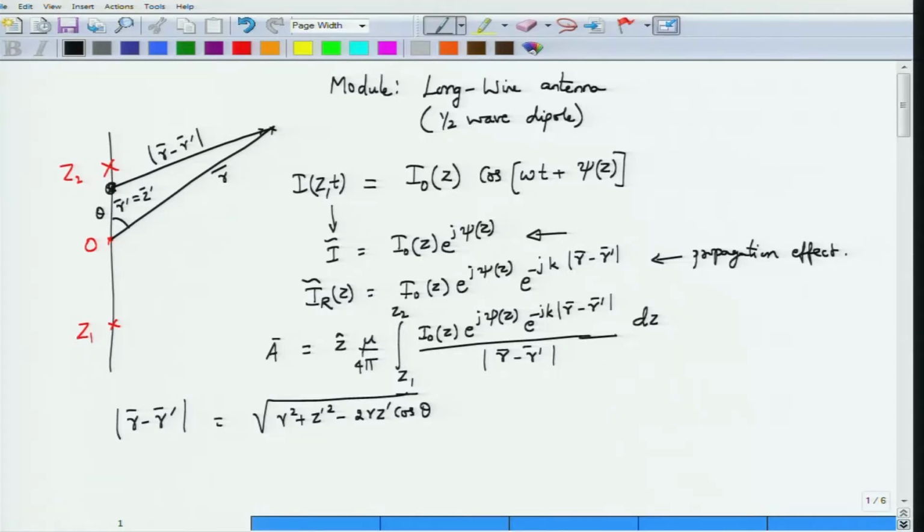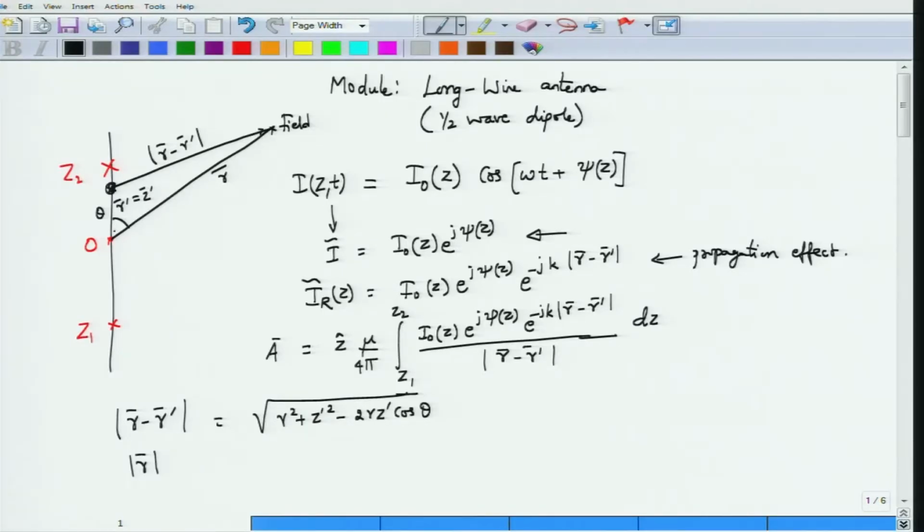This is your actual magnitude, but now we are going to assume that the magnitude of r, the distance from the origin to the field point, is much larger compared to the distance r prime.